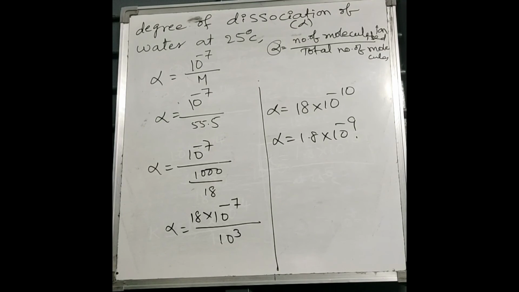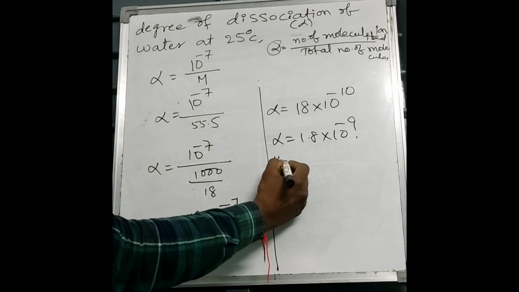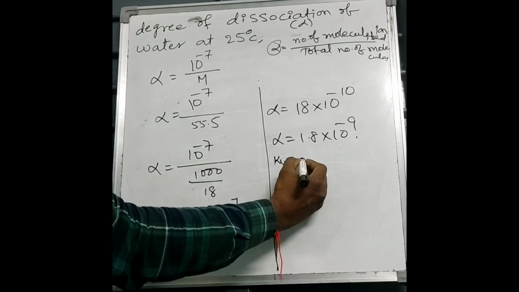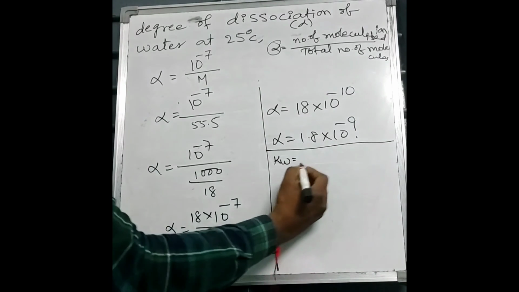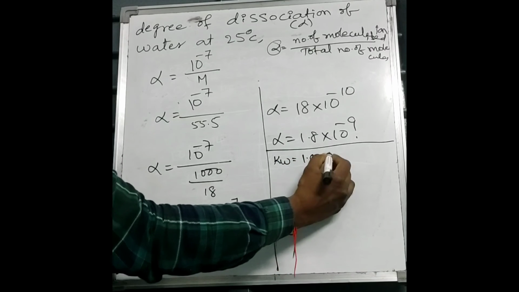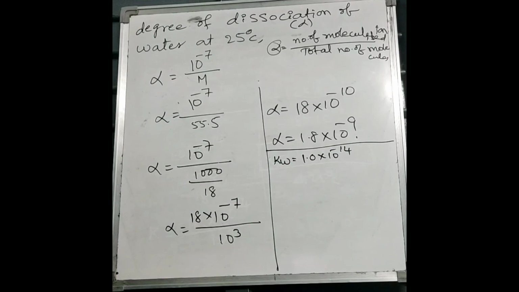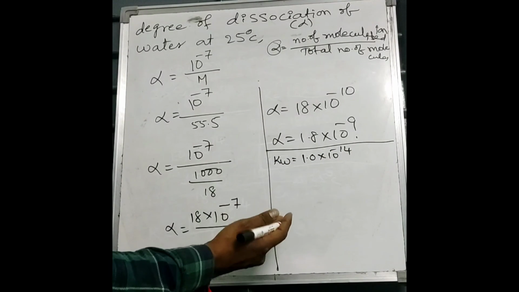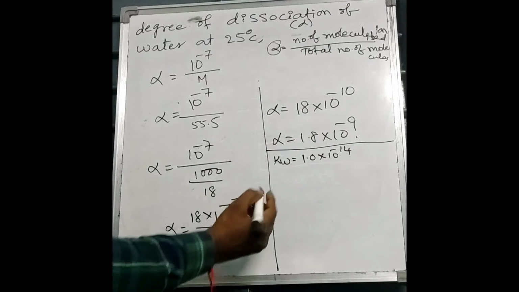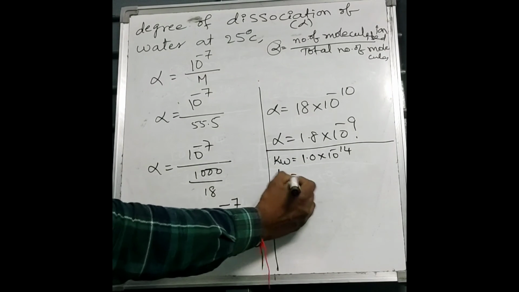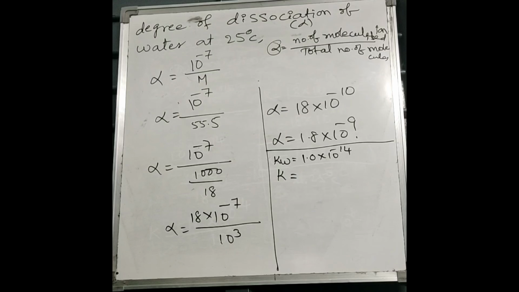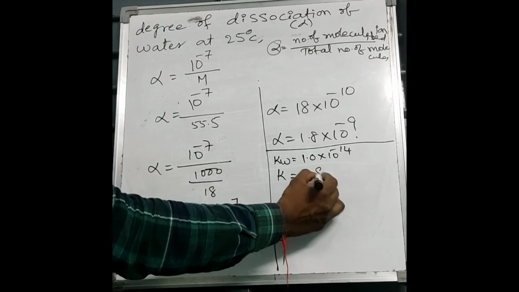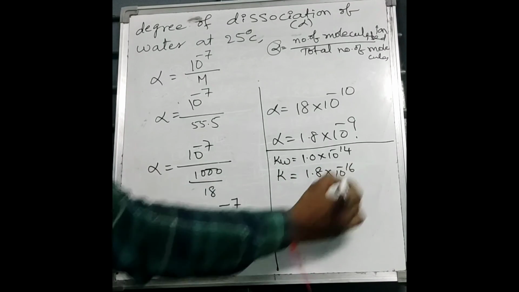So this is about the ionic product of water. So what is the ionic product of water, students? Kw at 25 degrees centigrade. The ionic product of water is 1 into 10 power minus 14 moles square per liter square. For H plus or OH minus ion, 10 power minus 7. What is the K value, the dissociation constant value? 1.8 into 10 power minus 16.